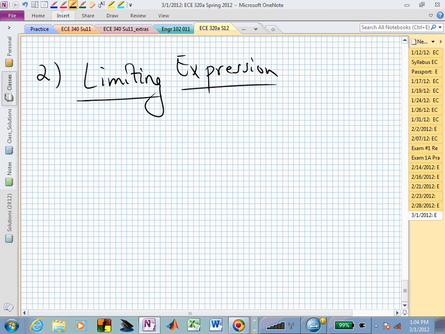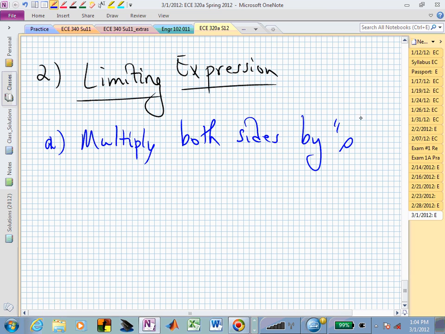So, technique 2, another approach. This is going to be what I'm calling the limiting expression approach. And here's the technique. First, or A, we are going to multiply both sides of this partial fraction expansion by the complex variable s. That's going to be in all the numerators now.